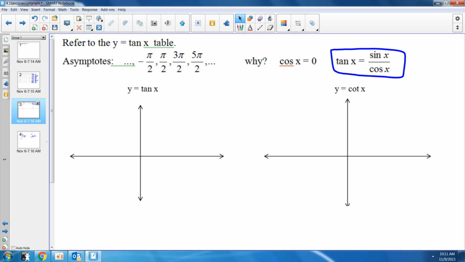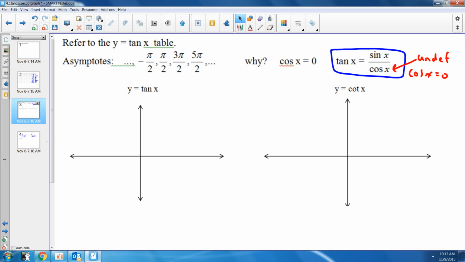That's important because sine x over cosine x is undefined where cosine x equals 0. So if I remember where my cosine x equals 0, it's where this is undefined, and that's where I'm going to draw my asymptotes on the graph. I want to specify where my asymptotes are.